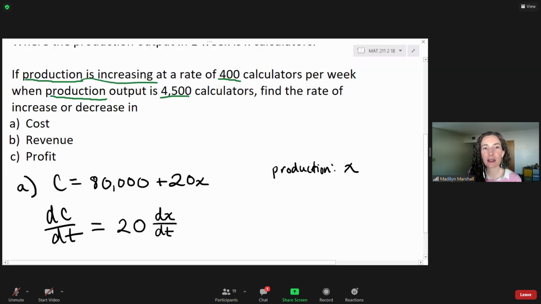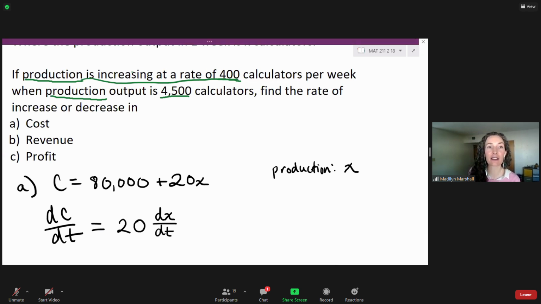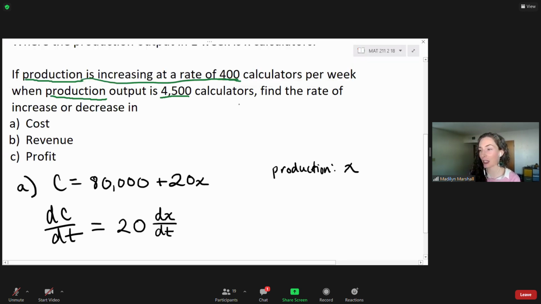This statement that production is increasing means that we have a rate of change. Anytime we see increasing or decreasing, that implies there's a rate of change going on. So production is the thing that's changing, so that would be dx.